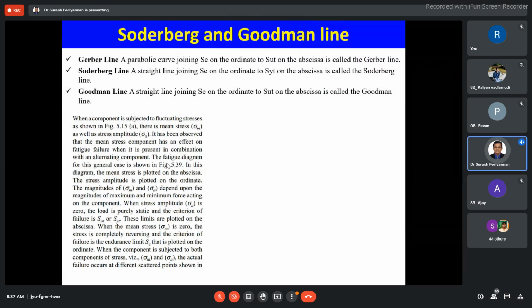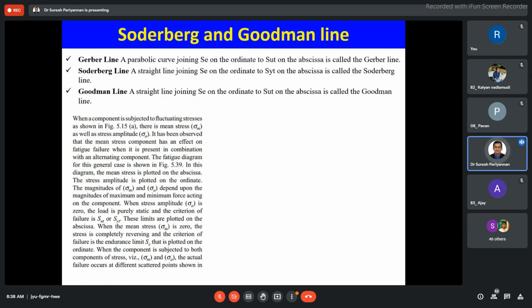In completely reversed load, there won't be a sigma mean. Completely reversed load means sigma max equals sigma min in magnitude, because that is the important information. So once you understand that, today's discussion will be very easy.